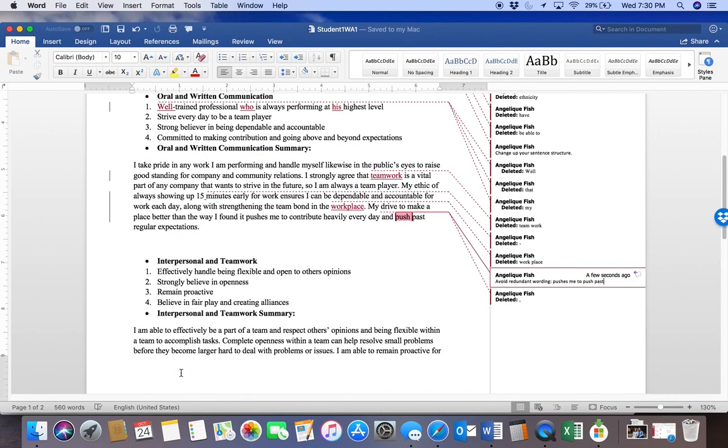Let's see. Next part, interpersonal and teamwork. Effectively handle being flexible and open to others' opinions. Strongly believe in openness, remain proactive, believe in fair play, and creating alliances. So those four are all actually parallel because we have handle, believe, remain, and believe. But this first one is a little off, so you can handle being flexible.